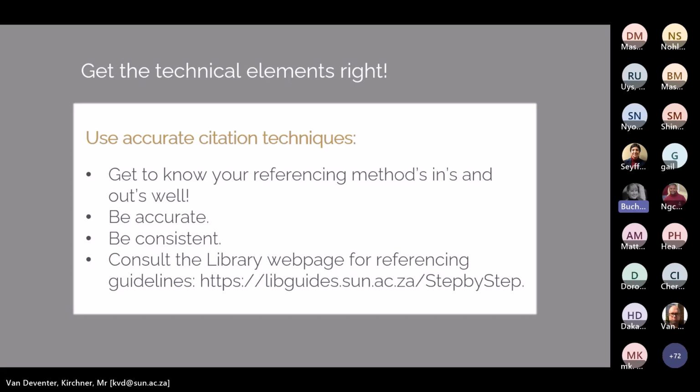You need to be consistent in the way you reference. Use the same technique throughout. And you can use the library's website, their webpage on referencing guidelines as a go-to place. Also, your librarian, your faculty librarian, is a wonderful resource to assist you if you are unsure of whether you are referencing correctly.